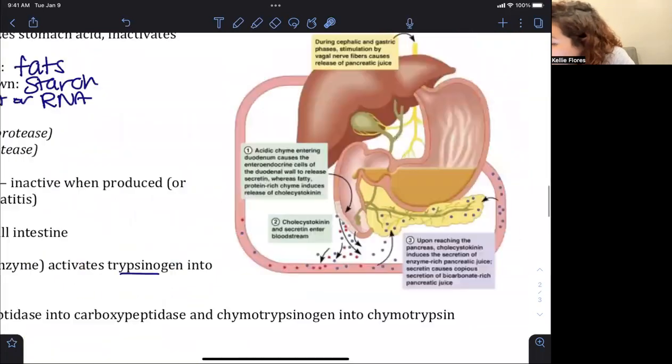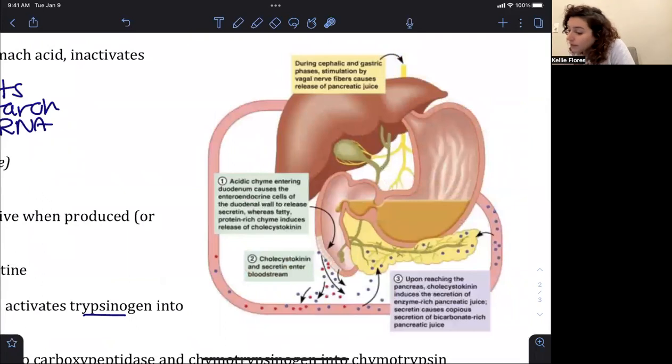So here's another picture of what's happening, right? And this has to do with your thinking of food and it being in your stomach. It'll activate some of those nerves to release the pancreatic juice, and the chyme entering the duodenum will activate some other nerve reflexes and nerve cells.